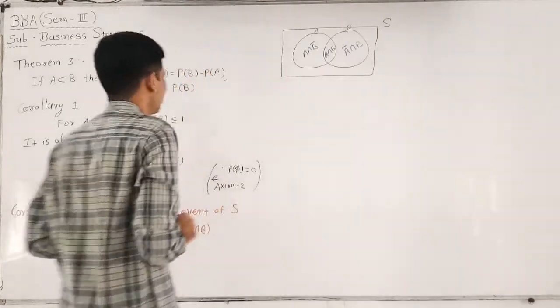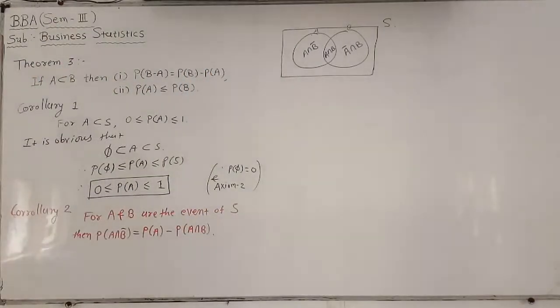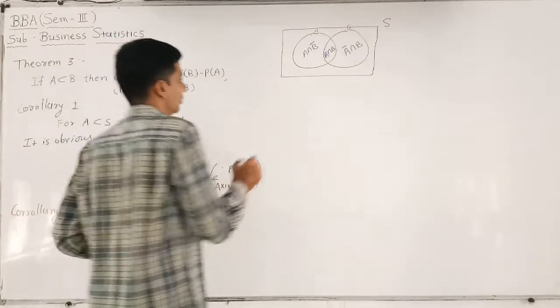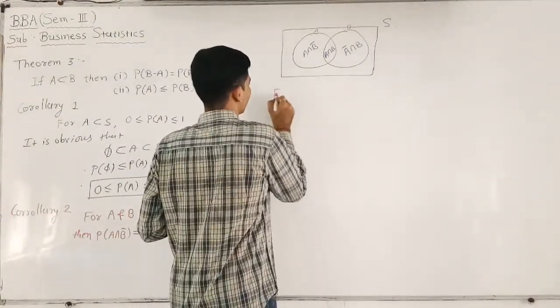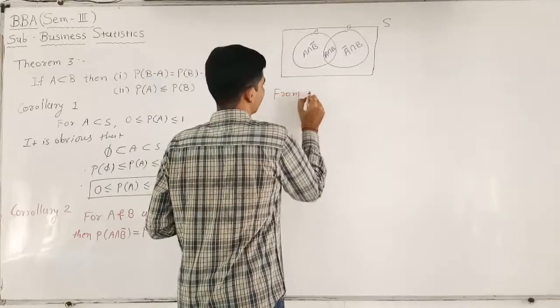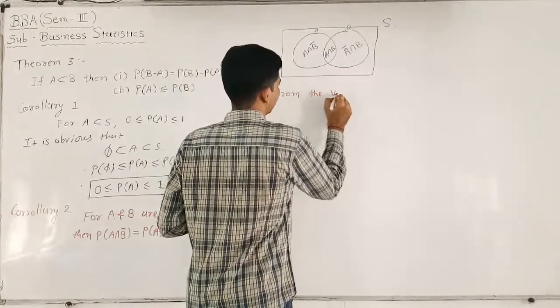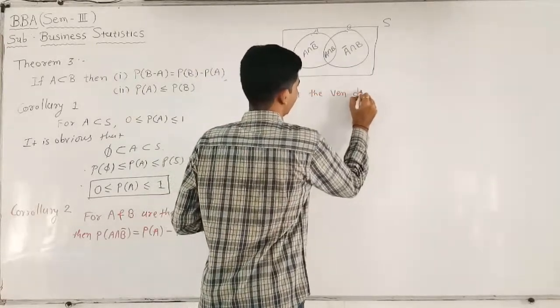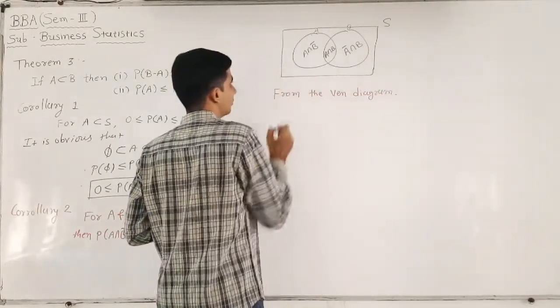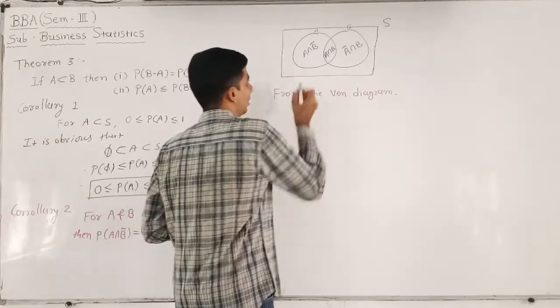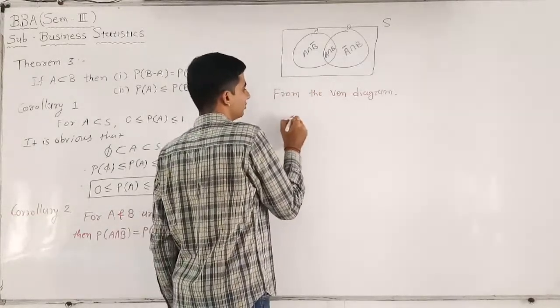Now we know that from the Venn diagram, A intersection B bar.